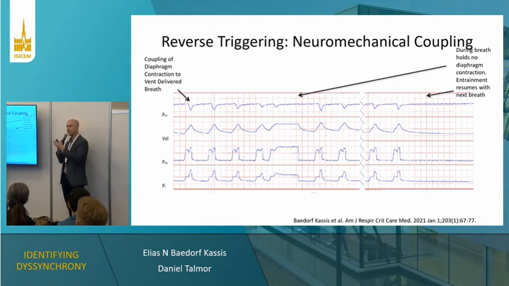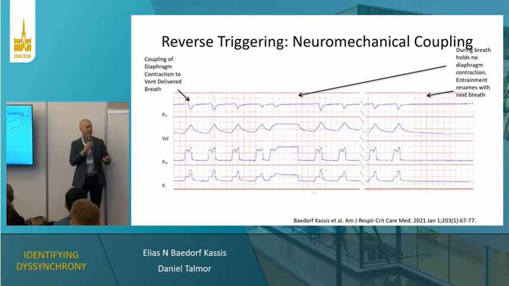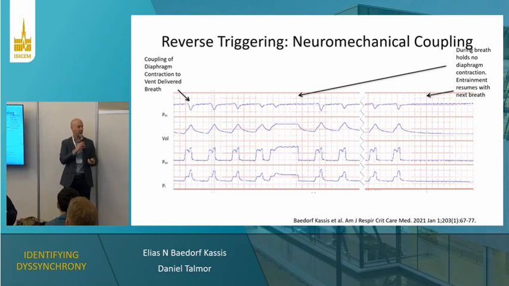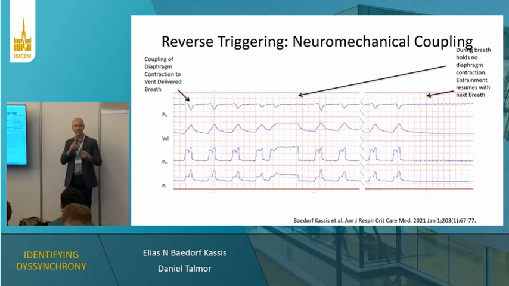And this is the classic form of reverse triggering, which is due to that entrainment of the inspiratory muscles with the ventilator. There are different explanations that people have hypothesized. People have hypothesized that this is a physiological response to locomotion. So if we're walking along, we mechanically optimize our breathing with our lungs, and this is seen in bipedal species as well as quadrupedal species at different ratios.